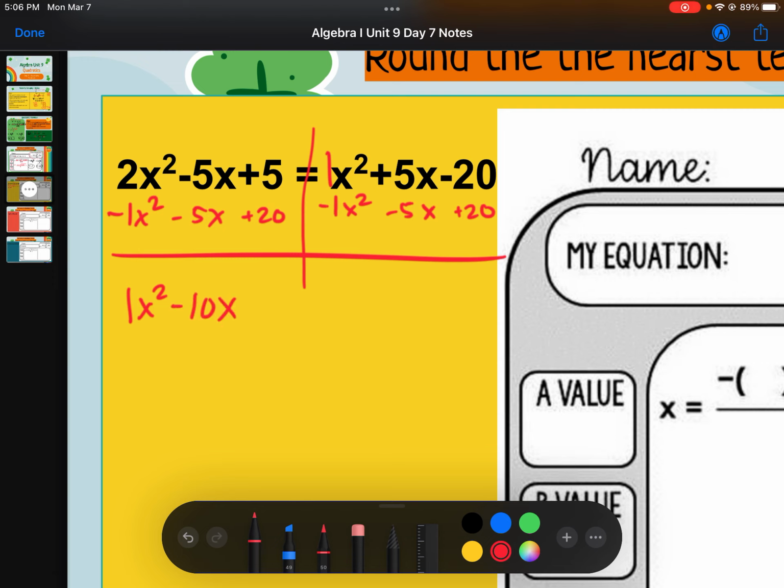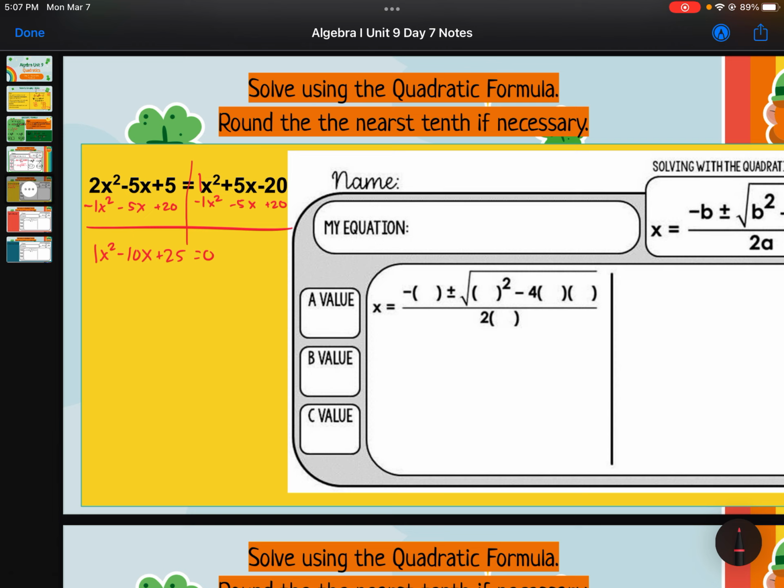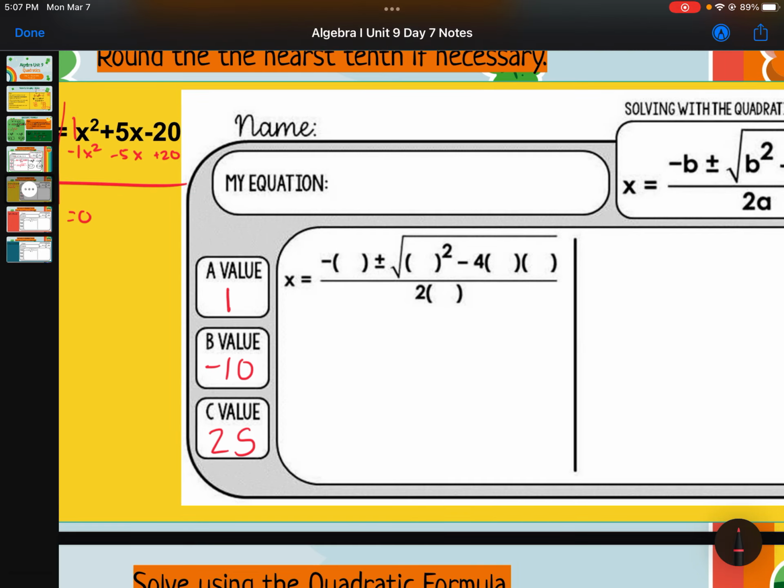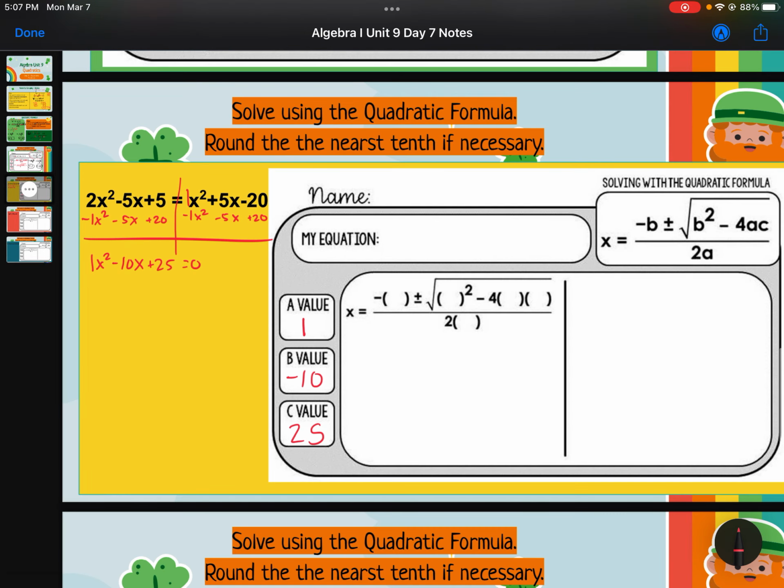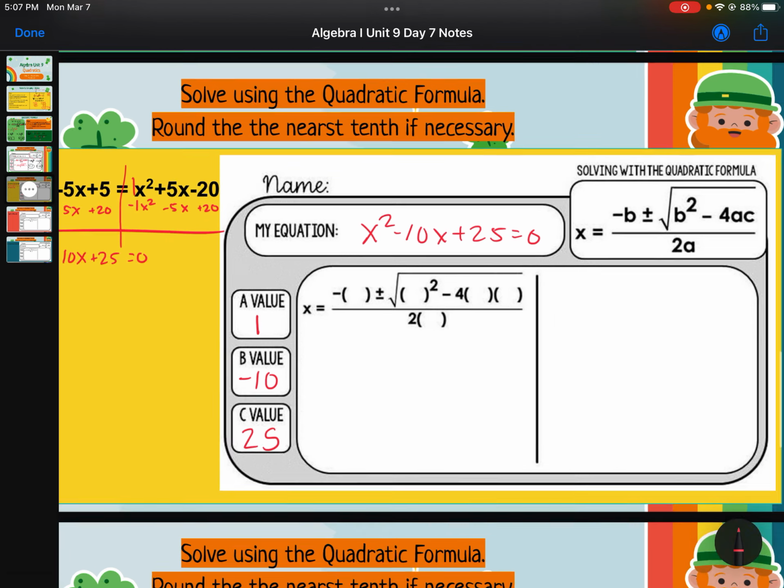And then 5 plus 20 is 25. Okay, now I'm ready to identify my a, that's 1. My b is negative 10, and my c is 25. So my equation, if you want to write it in here, it's x squared minus 10x plus 25 equals 0.